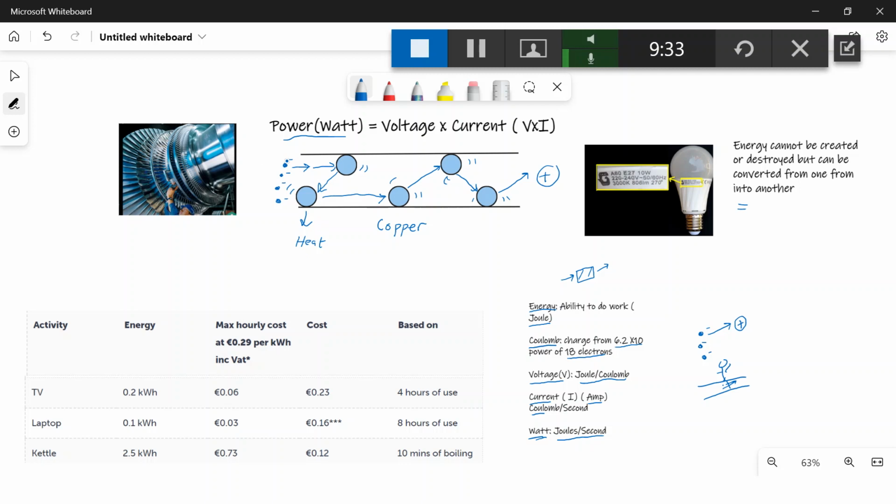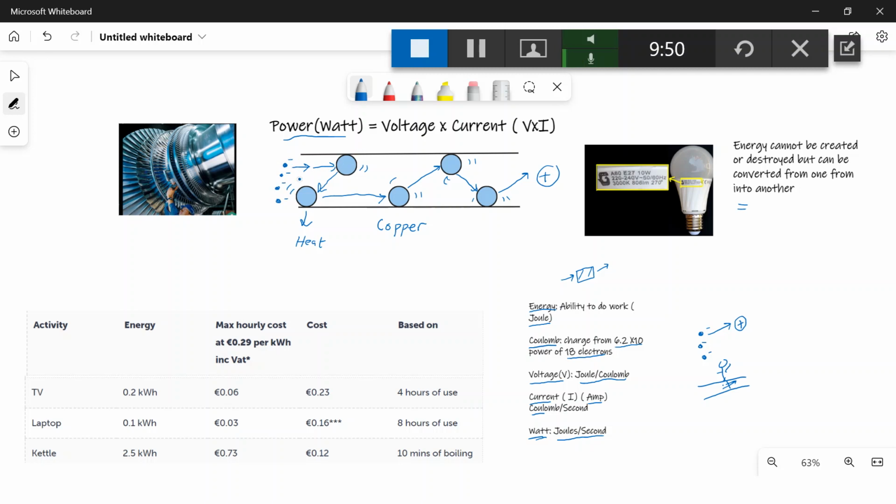Some of the energy in the electrons from their movement is being transferred into the atoms, and then converted into heat.